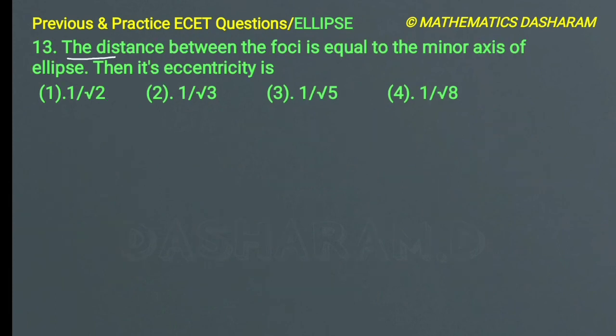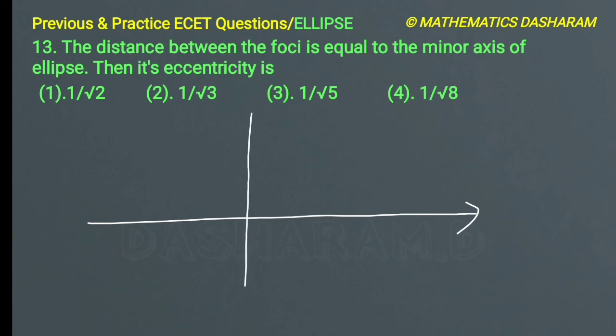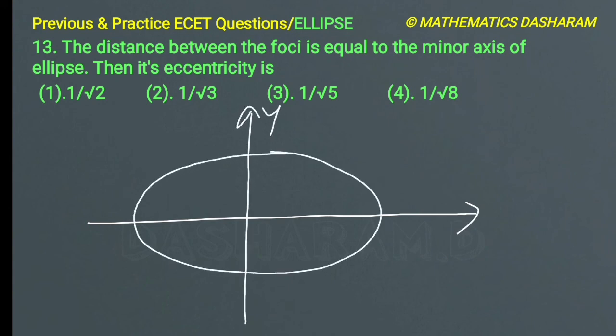13th question, the distance between the foci is equal to the minor axis of the ellipse, then its eccentricity is. So here is the x-axis, this is the y-axis, this is the ellipse diagram. So this is S, (ae, 0), and this is S dash, (minus ae, 0).